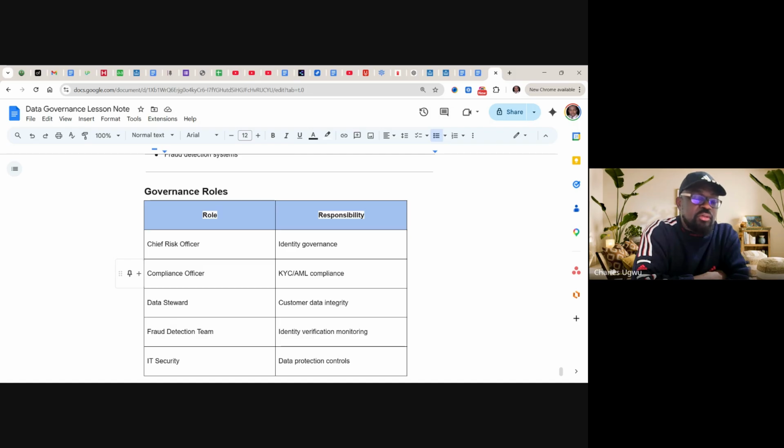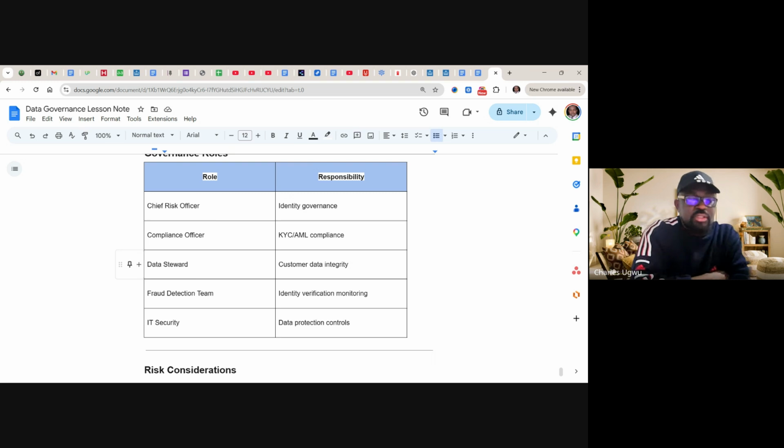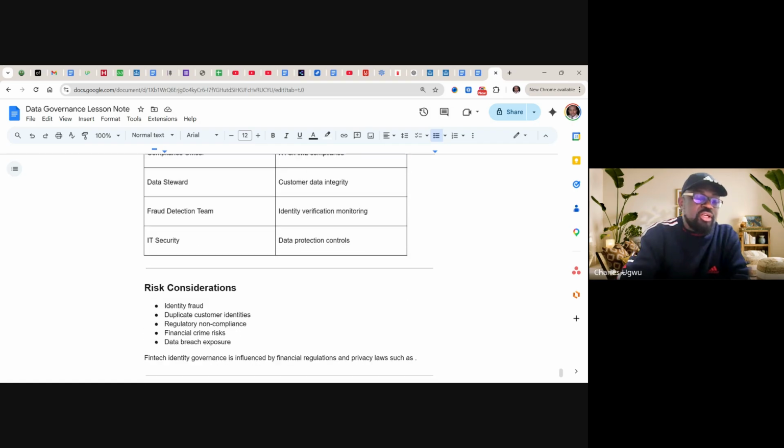Data steward: the data steward is in charge of customer data integrity. Then we'll have the fraud detection team. They are in charge of identity verification monitoring. And then we'll have IT security. IT security is in charge of data protection control.